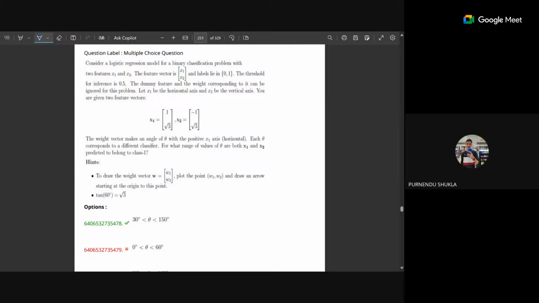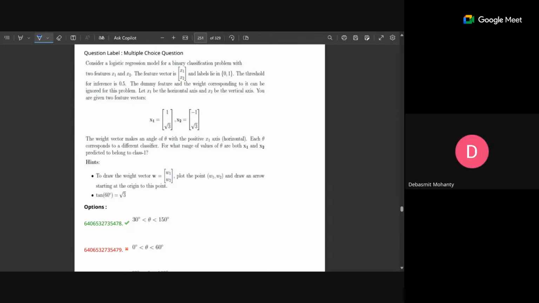Basically, what this question says is that I want to understand how much we can rotate the decision boundary without changing our prediction.